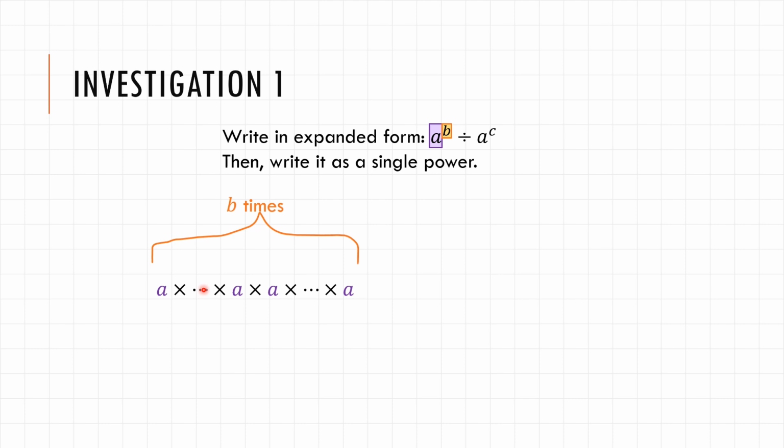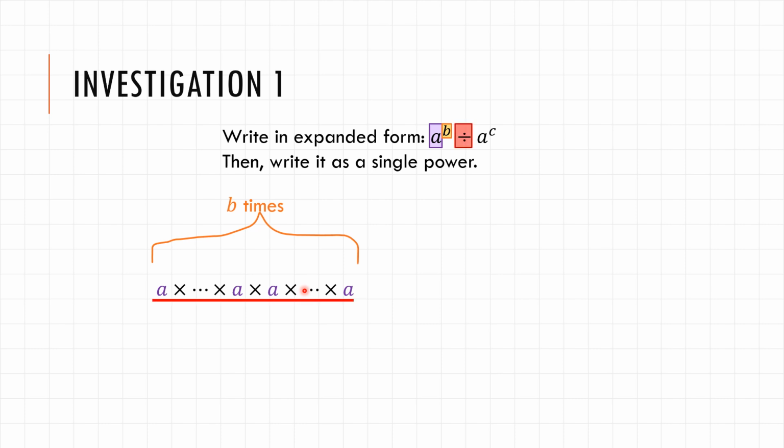How many? I don't know. But I'll keep multiplying it by a, by a, by a, and then again, there's a bunch more in here, times a at the end. Altogether, how many times am I multiplying a by itself? B. Again, I don't know what number this is, but this is sort of a representation of what a to the power of b might look like.